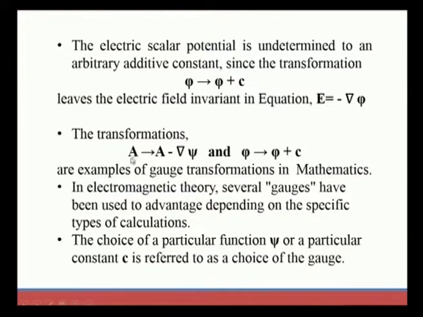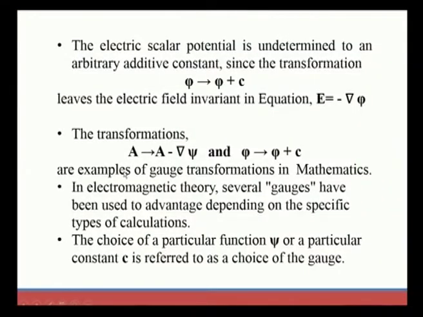A is a vector field, and A is transformed as A minus del psi, and phi, the electric scalar potential, is transformed as phi plus c. These two transformations do not affect either the magnetic field or the electric field.